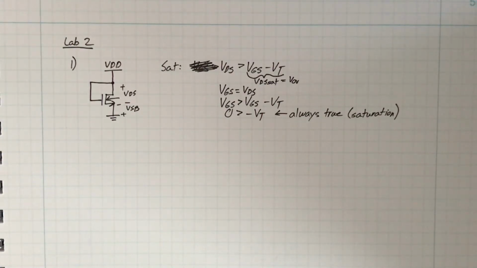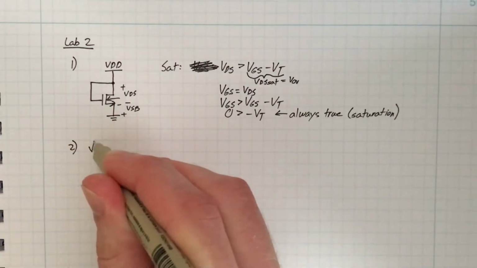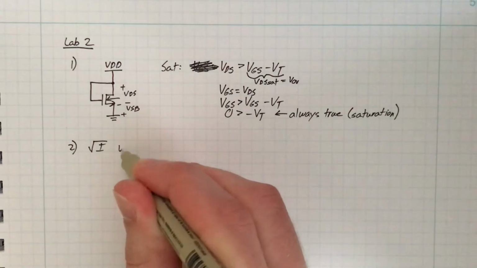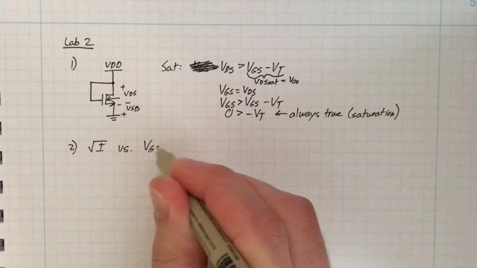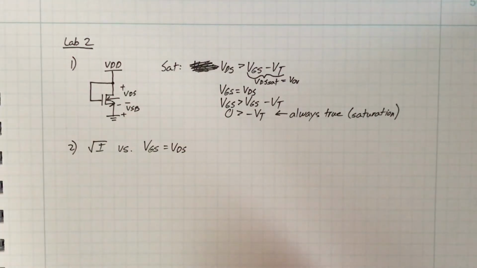So let's look at part 5 and see what it's plotting exactly. Part 5 wants the plot of square root of ID versus VGS, equal to VDS because it's diode connected, this data.